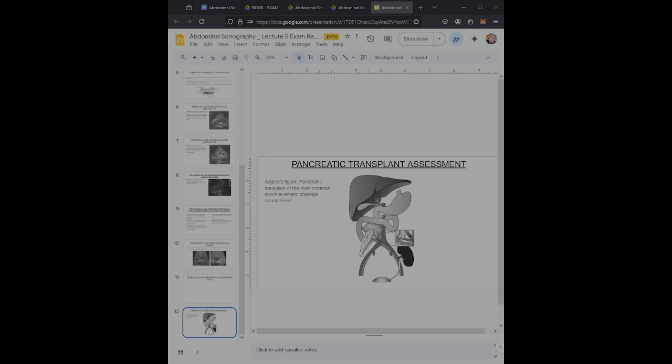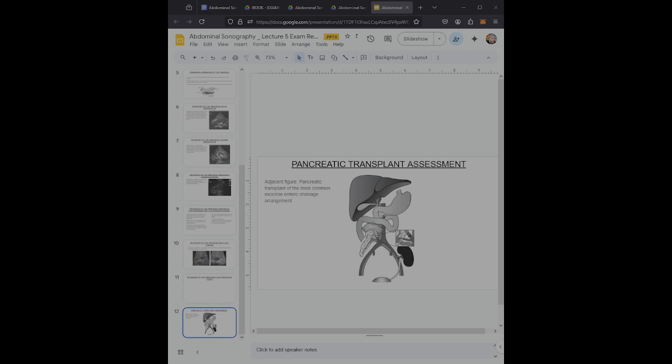So sonographically, we want to assess for vascularity and for fluid collections. And the pancreatic parenchyma should be homogeneous and may be hypoechoic. In cases of rejection, the pancreas might appear heterogeneous, and elevated resistive indices are often indicative of acute rejection.